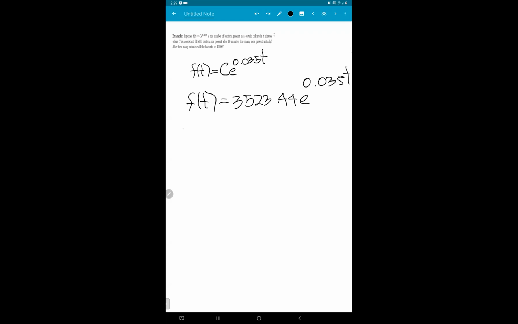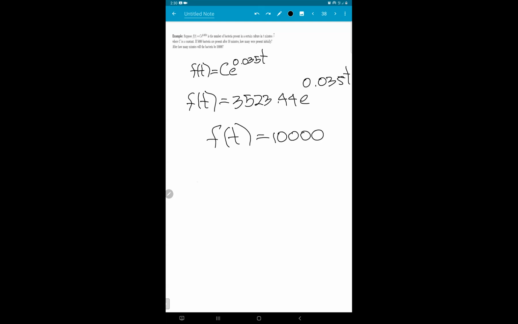But anyway, you're being asked for how many minutes will the bacteria be 10,000? In other words, when is f of t equal to 10,000? You're going to solve for time using the function now.